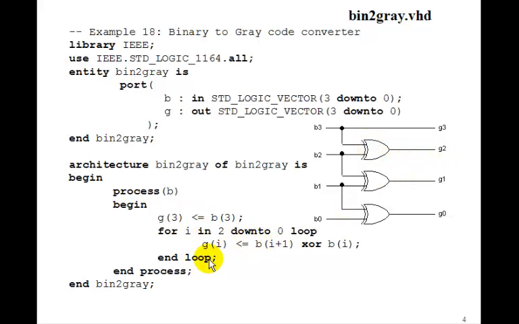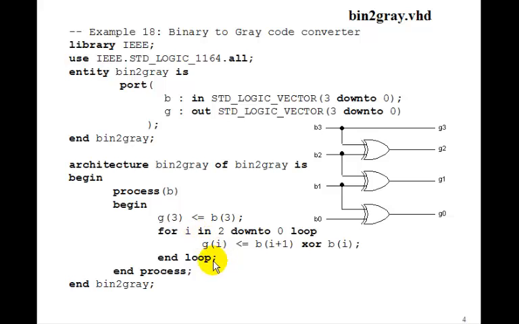And then the next time through the loop, G1 is B2 exclusive OR with B1, so this exclusive OR gate is generated. And then the last time through the for loop, this last exclusive OR gate is generated.